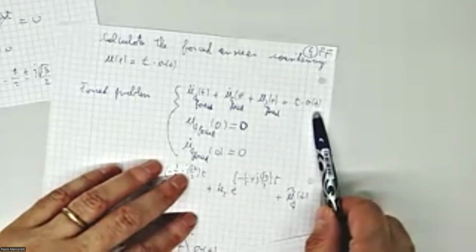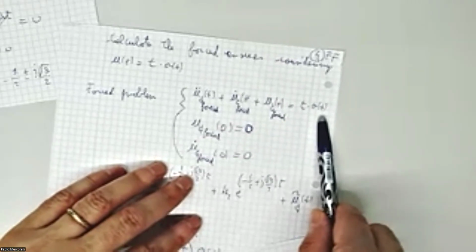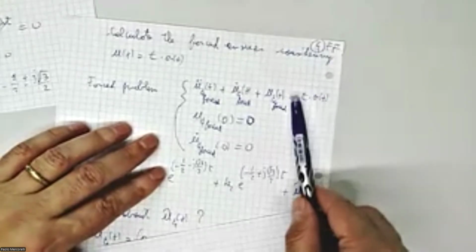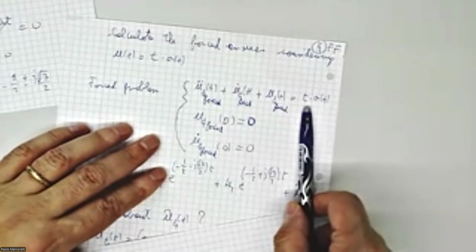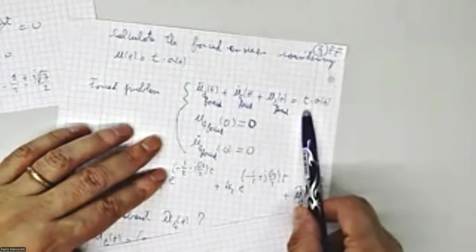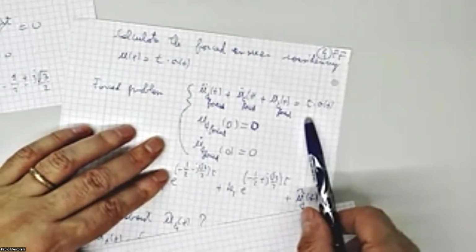But I don't know the constants which characterize the polynomial. Because of course, if I feed the circuit with this voltage here, this voltage means that the voltage increases over time. I don't know exactly which kind of function we will have in steady state.